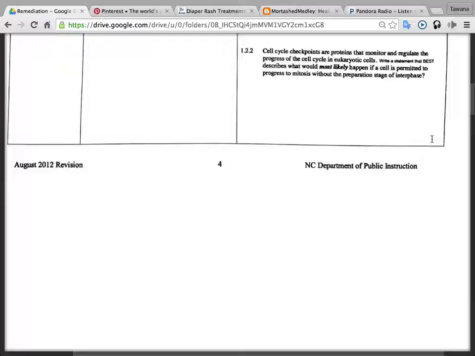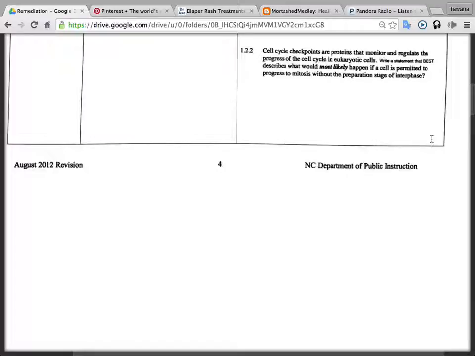So it's asking, if we didn't go through these checkpoints, if we didn't check before we allowed it to go to interphase, what could happen? If we didn't check to make sure everything was okay. If there's no checkpoints on the streets, if cops never stop people to make sure that their registration is up to par, because that's making sure your car is safe to be on the road. If they didn't check to make sure that you have a valid license, which is checking to see that you have passed the test to be a safe driver, what could happen?